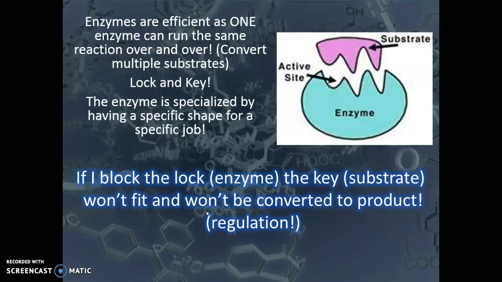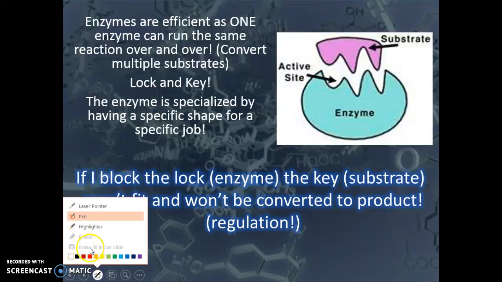So here on your screen, you see that you have an enzyme and that it fits with a substrate. We call that method the lock and key. That ensures that only the particular enzyme that is needed is fixing only the substrate that needs to be changed in a chemical reaction. So if we don't want that substrate to be changed at that time, if our body needs to regulate it, we can do a couple of different things.